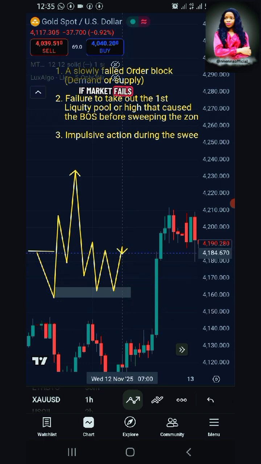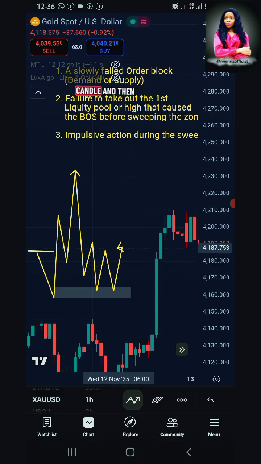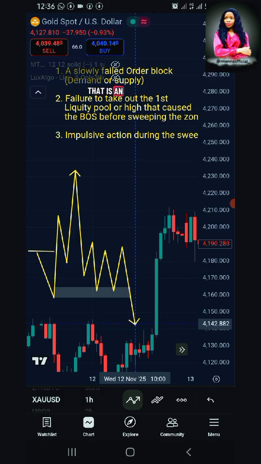If the market fails impulsively, like at this level when it was coming down again, it just failed impulsively, no reaction, nothing, just a very big candle, and then brushed off the zone, that is an impulsive action.